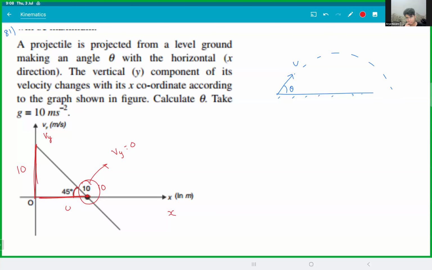So that was h max, and the x coordinate must be half of the range. So now we can think of something. The graph, projectile range, that is just to scare you. If you can just see the data properly, you'll get it.